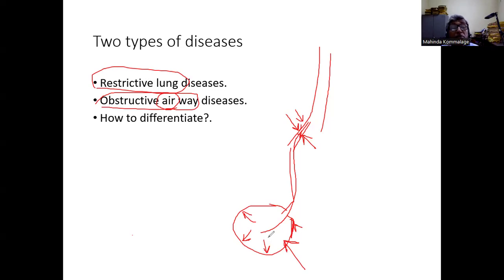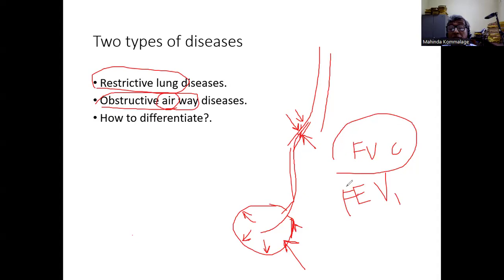Right. So tell me, if there is a restriction, I mentioned the forced vital capacity, right? Forced expiratory volume 1, forced expiratory volume 1, right? Forced vital capacity, forced expiratory volume 1, the amount coming out in the minute, right?